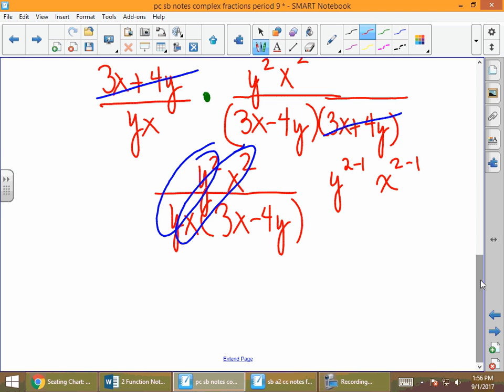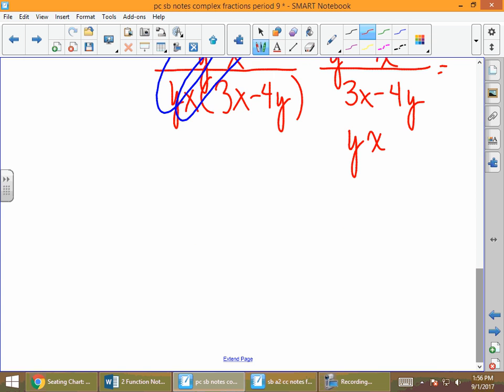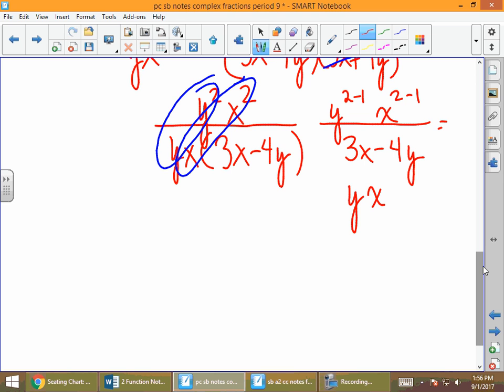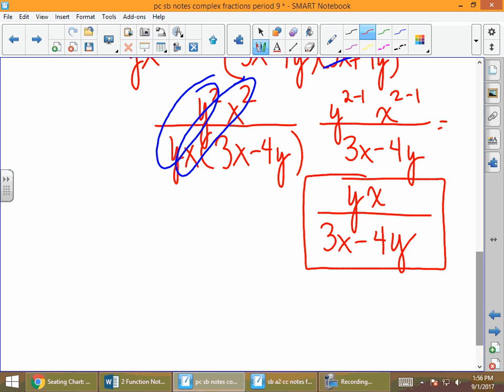It's going to be x to the 2 minus 1. And then we've got 3x minus 4y. And finally, 2 minus 1 is 1, so it's y to the first, x to the first, divided by 3x minus 4y. And again, do not cancel.